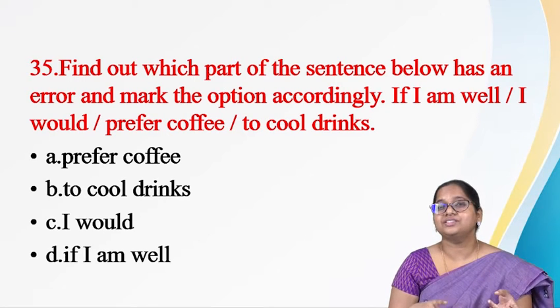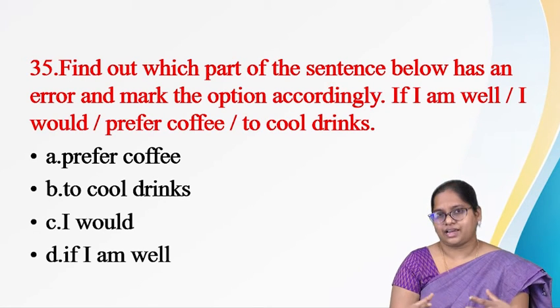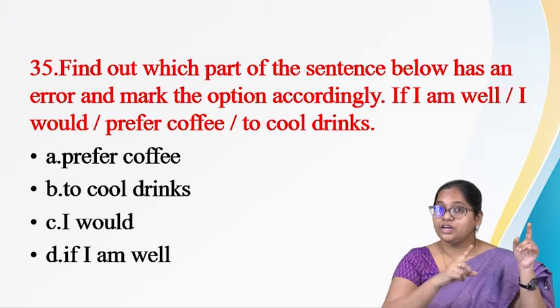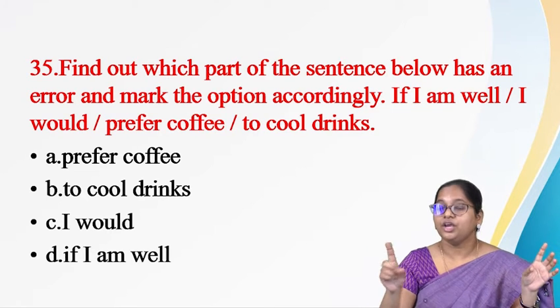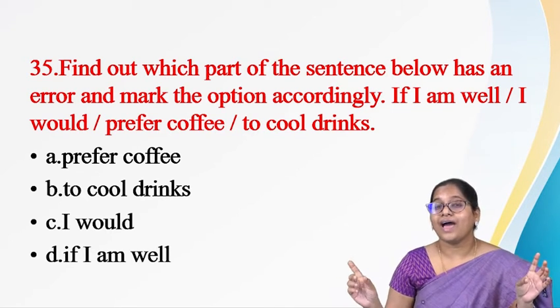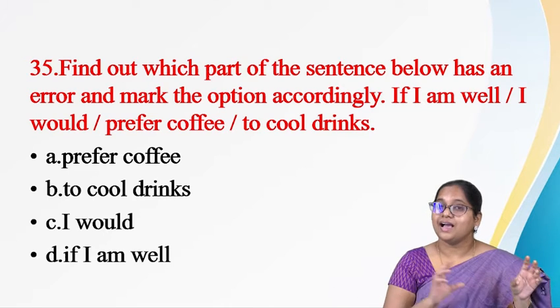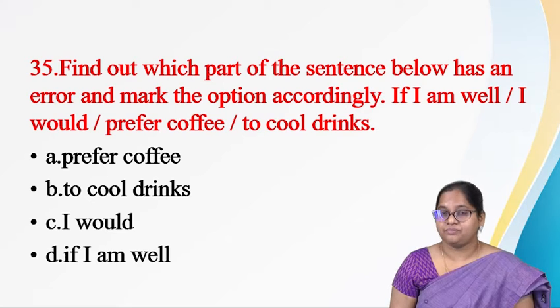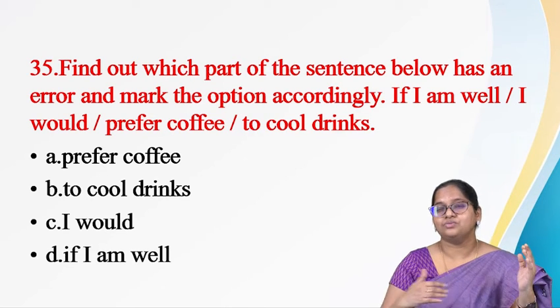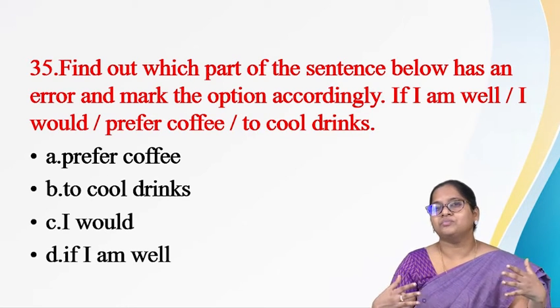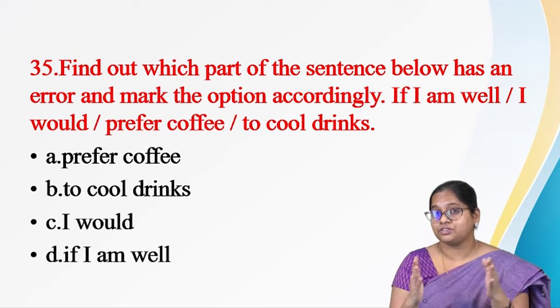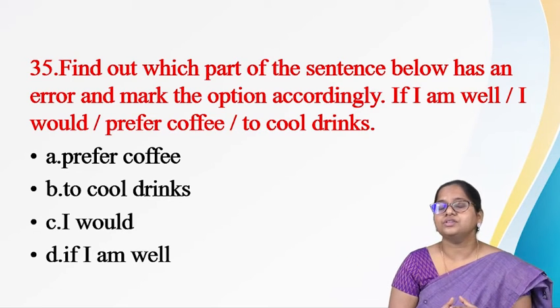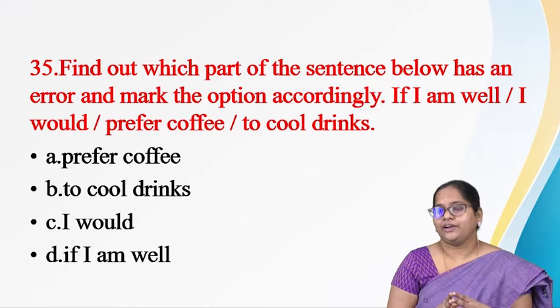Word analogy is where you connect similar categories. For example, flowers, rose and lily, same category. You don't say rose and apple, two different categories. Apple and banana, same category. Pen and paper, same category. You don't say rose and paper. You cannot mismatch these two. So these different categories come under verbal analogies.